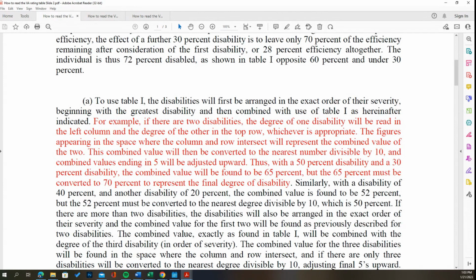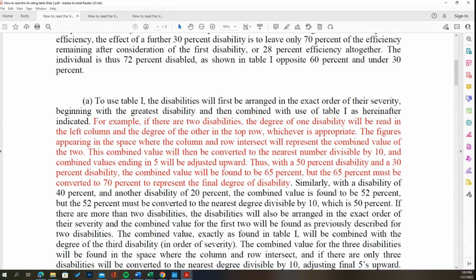Okay, so it says with a 50% disability and a 30% disability, the combined value will be found to be 65%. But the 65% must be converted to 70% to represent the final degree of disability. So that's what they said. 65%, meaning if it ended in 5, will be adjusted upward. Okay, that's what they mean by divisible by 10. You have to adjust upward.